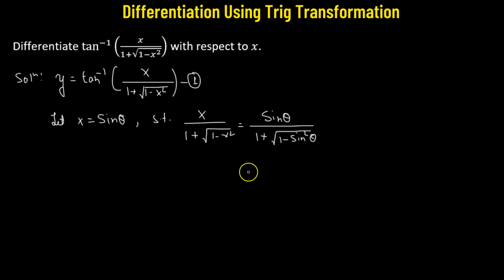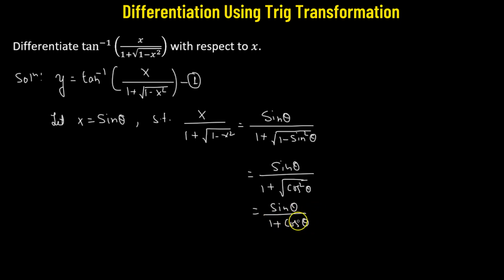Now we know that 1 minus sine squared theta is cosine squared theta, which we obtained from the identity that sine squared theta plus cosine squared theta equals 1. That gives us sine theta divided by 1 plus cosine of theta.